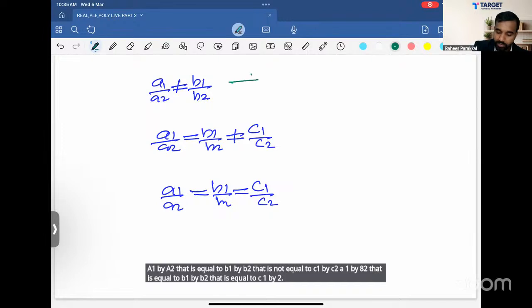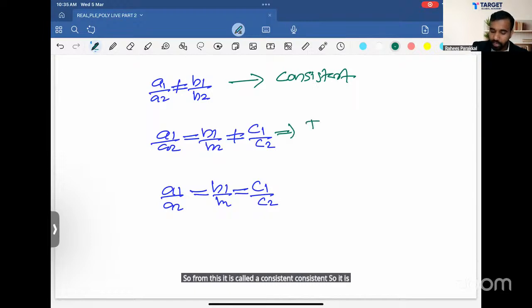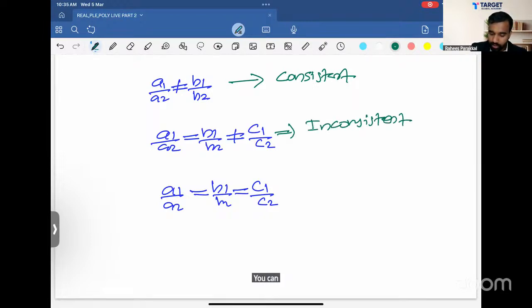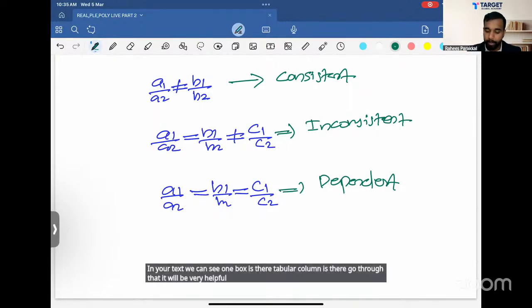So from this, it is called consistent. So it is inconsistent. You can expect one question like this. The last one is dependent consistent. In your text, we can see one box is there, a tabular column is there, go through that. It will be very helpful. So these three are very important.